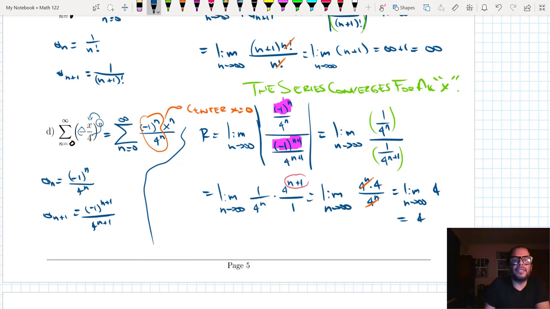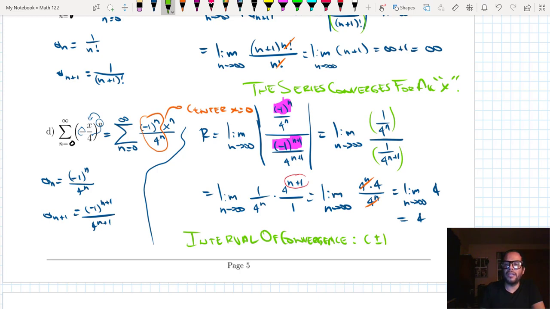Okay, so in this case we got a number between 0 and infinity. So in this case we are going to have the interval of convergence as the center plus minus the radius of convergence. In other words, we're going to have 0 plus and minus 4.